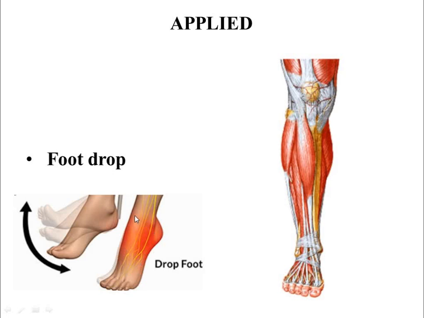The person will have difficulty in walking and inability to dorsiflex the foot. Normally, you can take the foot towards the leg to whatever extent, but if that is not possible, unopposed action of the plantar flexors will lead to foot drop, and that is due to injury to the deep peroneal nerve.